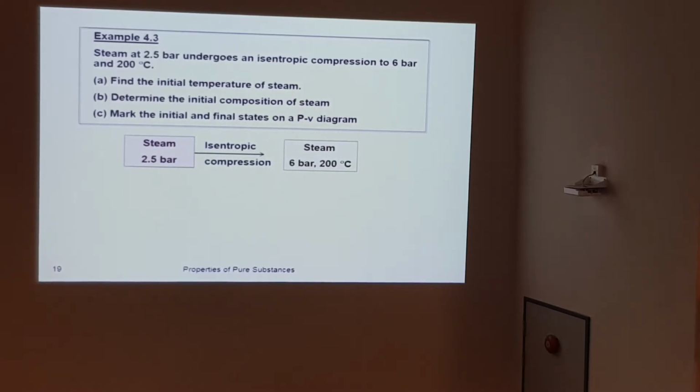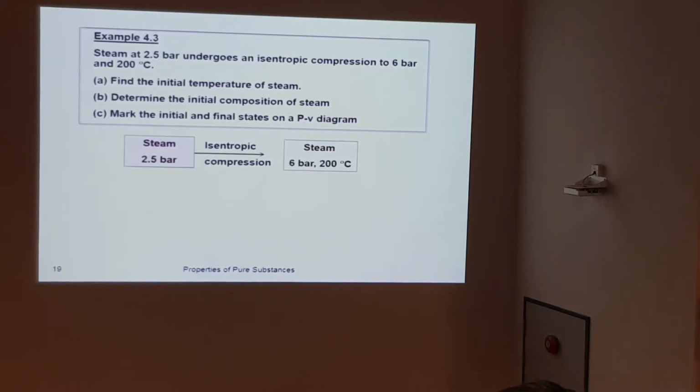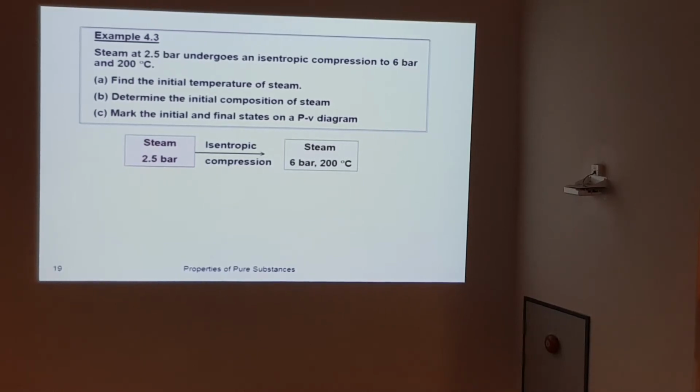Okay, please, for this type, because it involved a compression process, you need to draw the diagram. There is a change from initial to final. So you have to determine the state first. But now what we can determine directly is the final state.